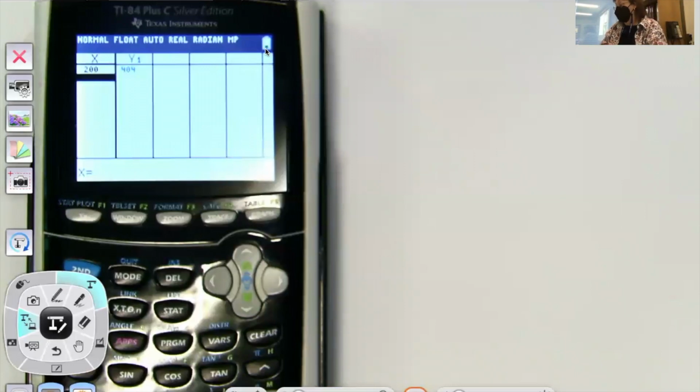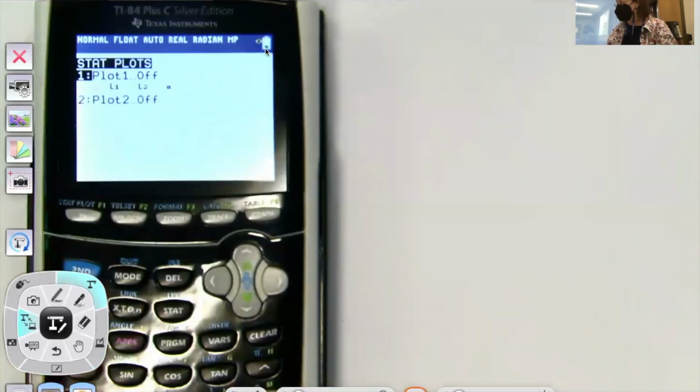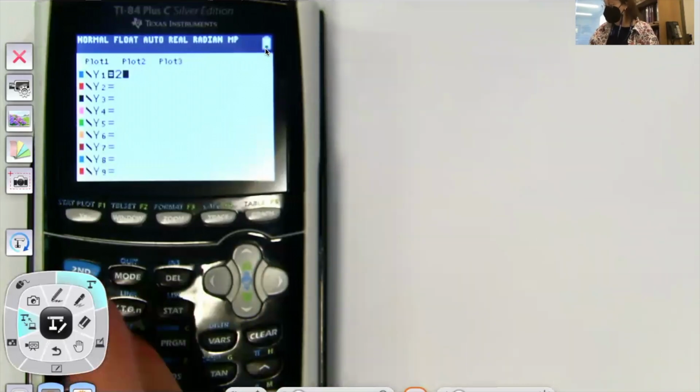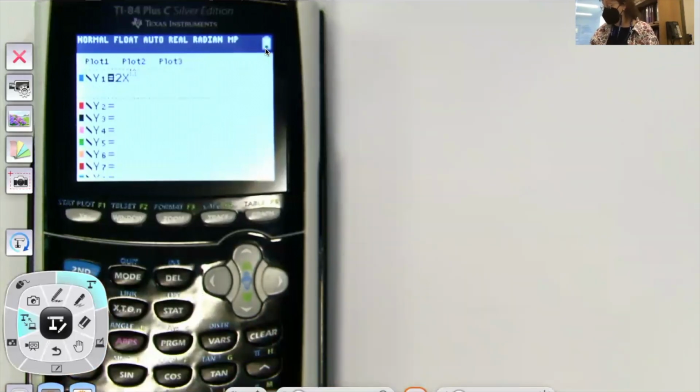All right, so if that's the case, let's go back to the y equals. Let's clear that out. And let's put in 2x raised to the 4th power, arrow to the right, and then do plus 3x squared minus 6x plus 8.